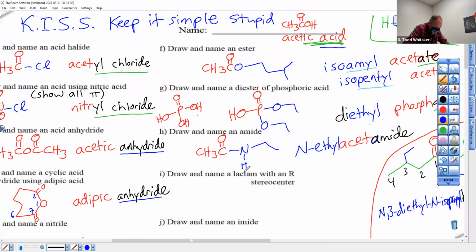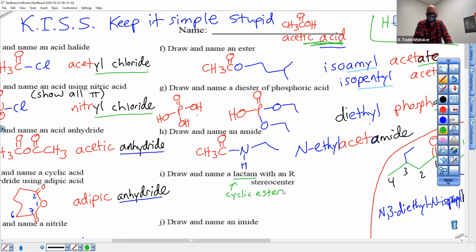Draw and name a lactam with an R stereocenter. Oh my goodness. I can't use acetic acid because a lactam is a cyclic ester, as hinted at last day.